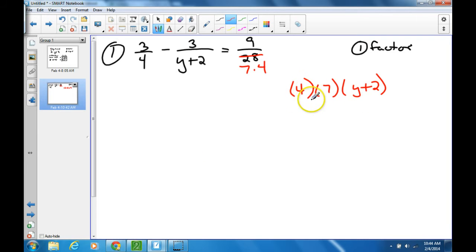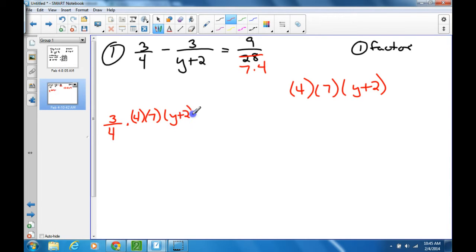So we have 4 times 7 times y plus 2, and that's going to be our common denominator in this case. Okay, I'm going to leave it like this, just to make it easier. I'm going to multiply each of my terms in this by this common denominator. So I'm going to multiply it by 4, 7, and y plus 2.